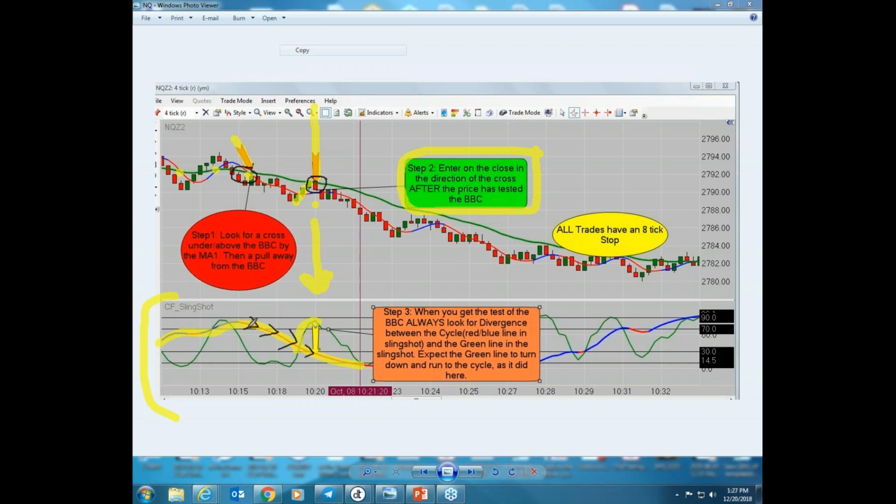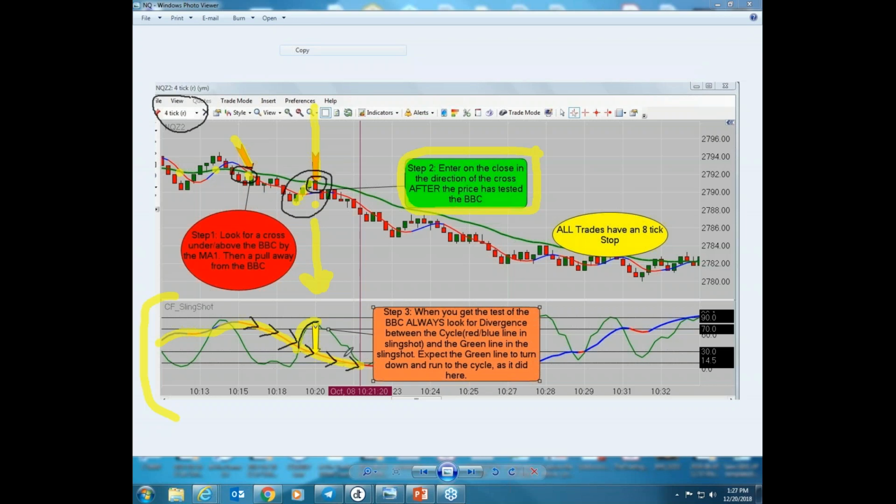What this is saying is, the trend is down on the 4-tick range chart. The green line pulling away from it, combined with this price action here, is suggesting this is just an air pocket in this ongoing downtrend.